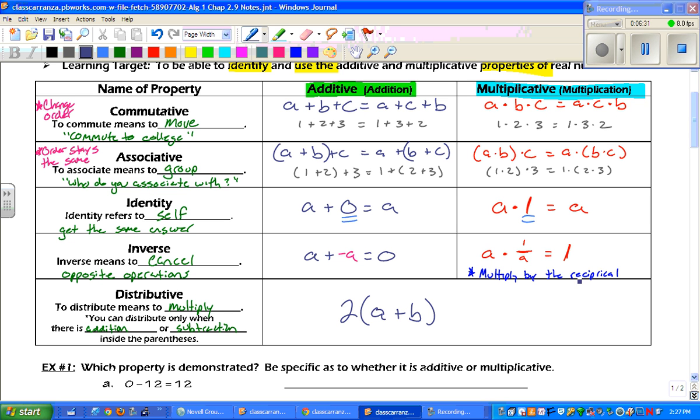So if we have 2 times the quantity a plus b, after we distribute, 2 times a gives you 2a, and 2 times b gives you 2b.